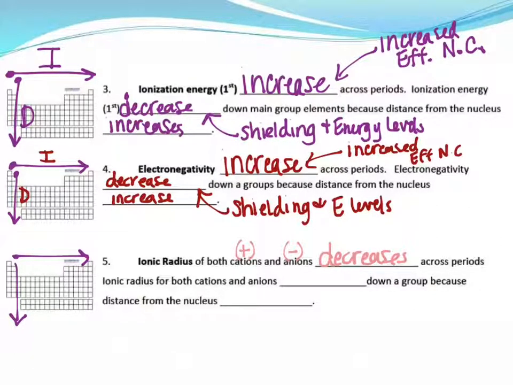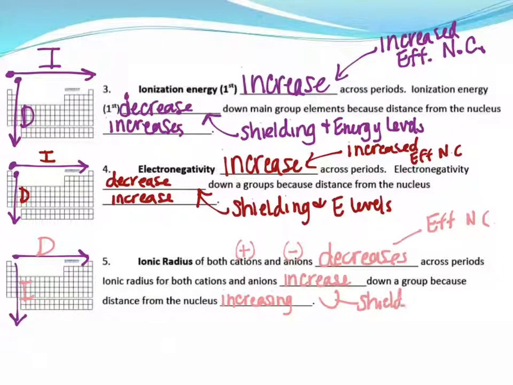Ionic radius for both cations and anions is going to increase down a group because distance from the nucleus is increasing. All right, again, it decreases across because of effective nuclear charge, and this is increasing because of shielding and energy levels.